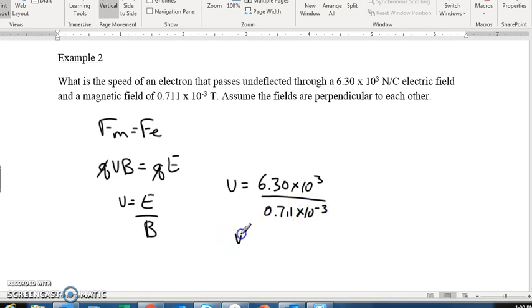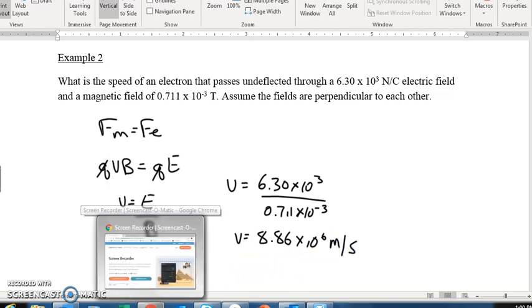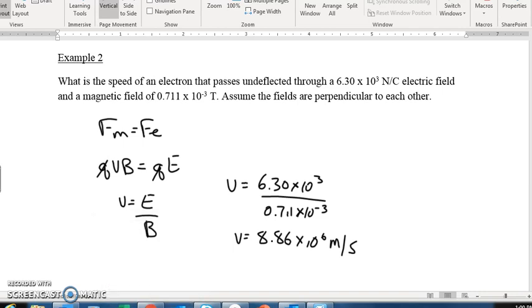I know that is poor scientific notation. However, we still wind up with a velocity of 8.86 times 10 to the 6 meters per second. Verify that answer. Make sure that it matches mine.